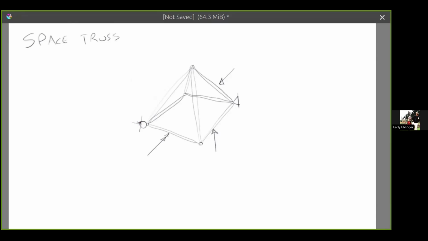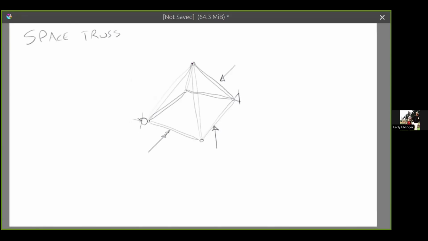Now we'll talk about the most general type of structure that's covered in this book, which is the space frame. The difference now is, again, we can make it so that bending can transfer through nodes, and we can make it so that restraints will prevent bending as well.